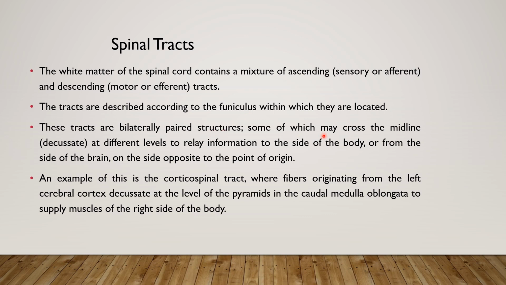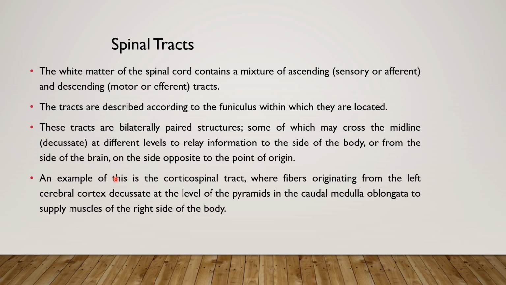They may cross the midline, and that is called a decussation, or they decussate at different levels of the brain and spinal cord, carrying information to the side of the body or brain opposite to the point of origin. They may originate from the right side and cross to the left side, or they may originate from the left side and cross to the right side. So that is called a decussation.